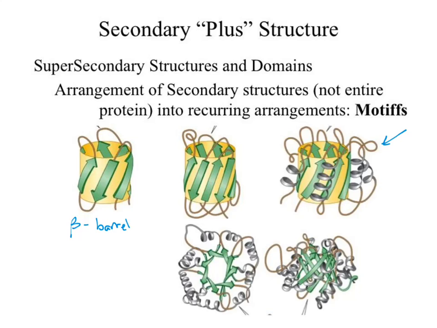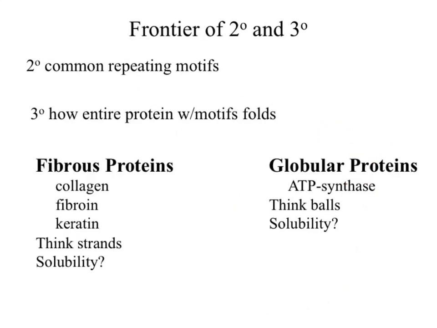Because our tertiary is the official step up, where we now have all of our secondary pieces, those bonding motifs, now interacting with each other. And that's where you run into an issue. If you have a beta barrel and alpha helices, you think that's tertiary. Okay? Tertiary as a class is more everything, the entire protein coming to its full structure.